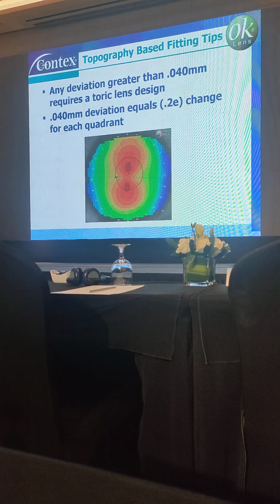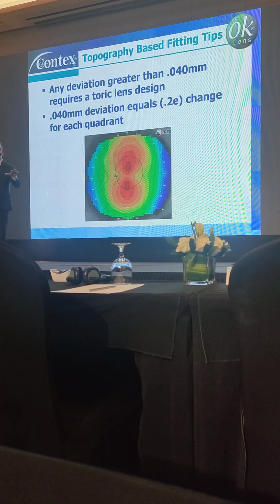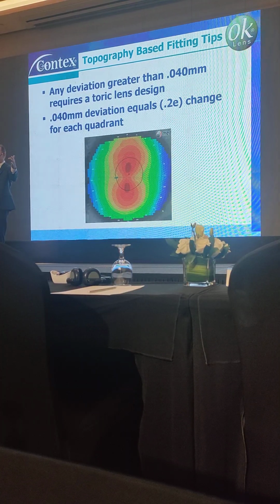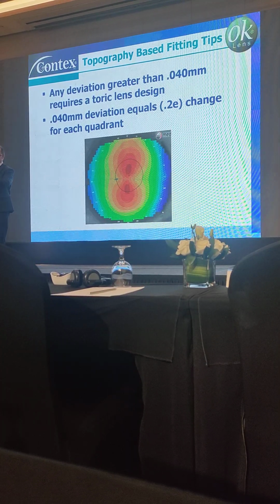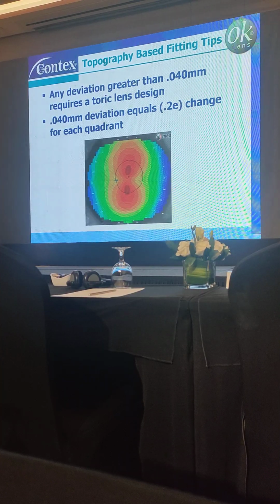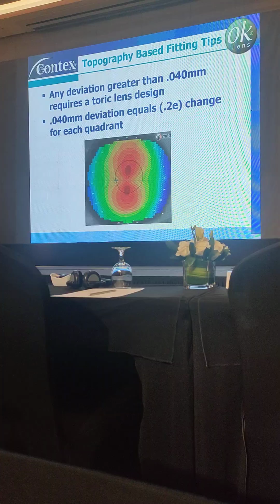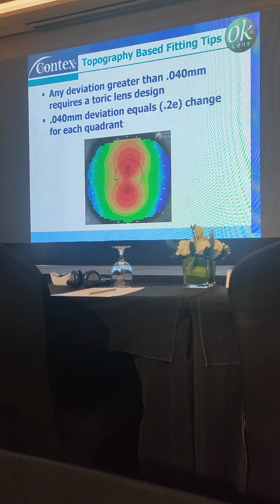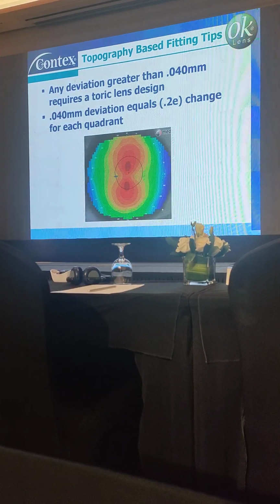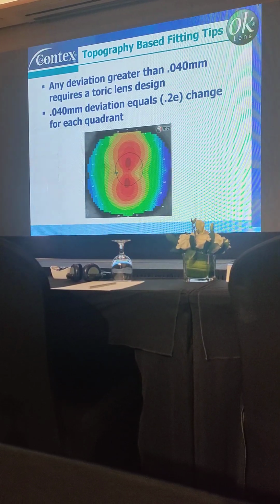Now that's one of the reasons why I'm not the biggest fan of fitting by HVID all the time. I don't think you always need HVID. When you have a lens that laterally displaces, up and down is easy to fix. Righty high, righty low, I believe you can fix that easy. But when a lens goes temporal or nasal, that's when it's harder to fit.